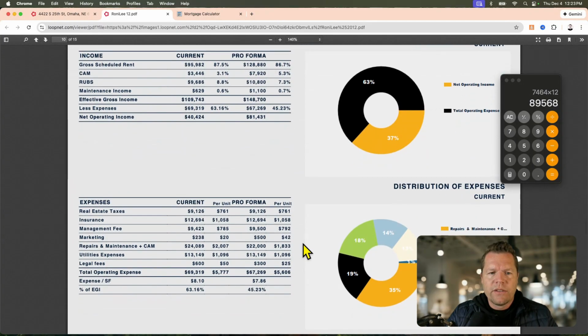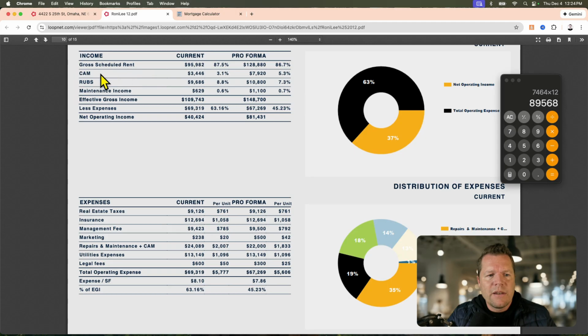All right. So now we're getting into the real nitty gritty here. So let's take a look at their rent. Gross scheduled rent, $95,000. So CAM, this is common area maintenance. So this would be like cleaning the common areas and the washers and dryers, the electricity, I guess, for the common areas, for the washing machines, all that kind of stuff.